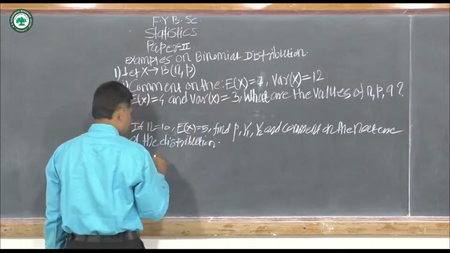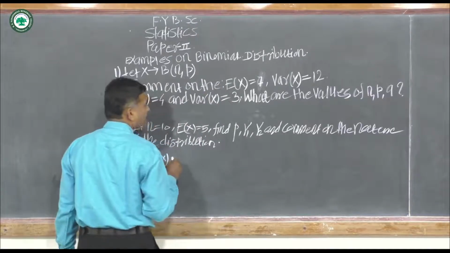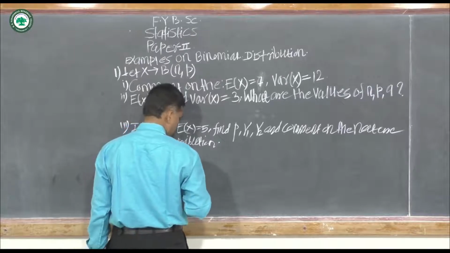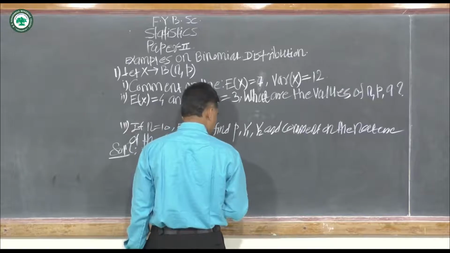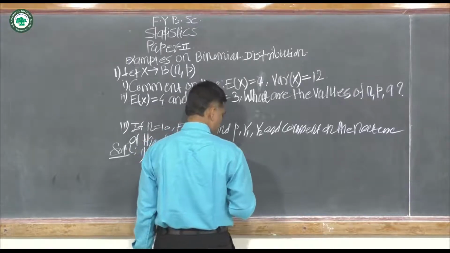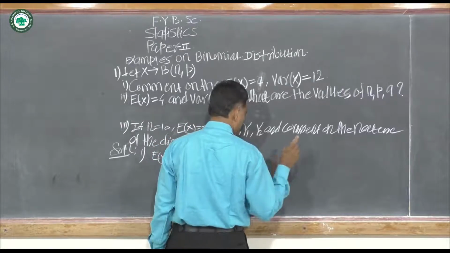In the problem it is given that expected value of X equal to 7 and variance of X is equal to 12.